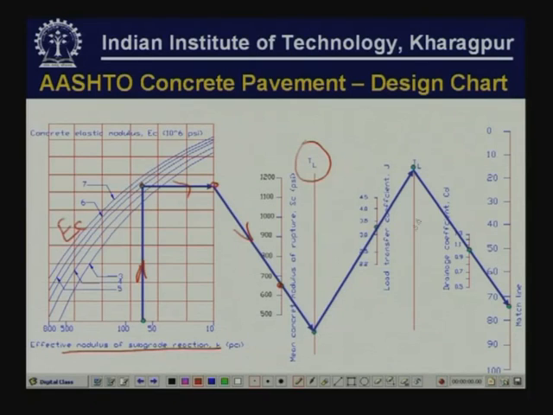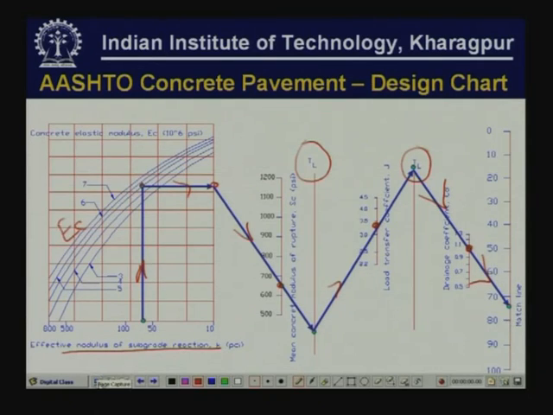After this we select a point on this line which corresponds to the load transfer coefficient J, which we have already selected. So connecting these two, extend it to another transfer line TL, and then you select another point corresponding to drainage coefficient, connect these 2 points and extend it to meet a match line.